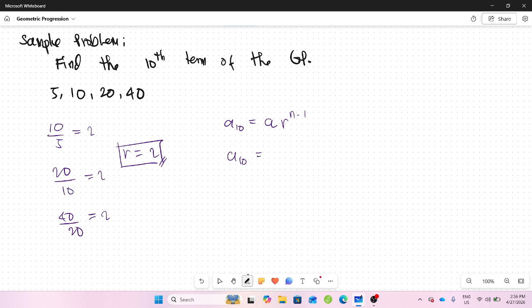So for the 10th term, the first term is 5, the ratio is 2, and n here is 10, so 10 minus 1 is just 9. That gives us a value of 2560.